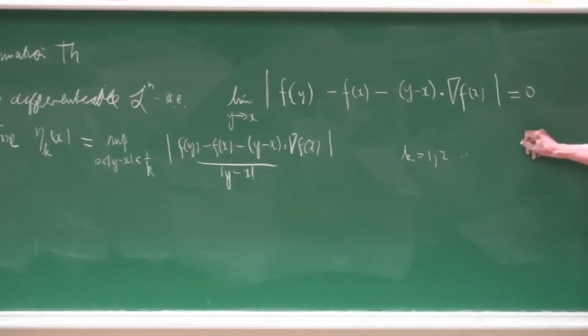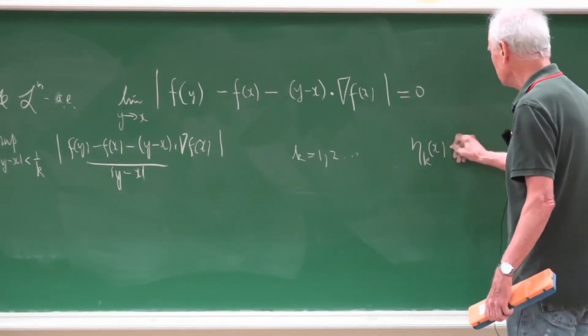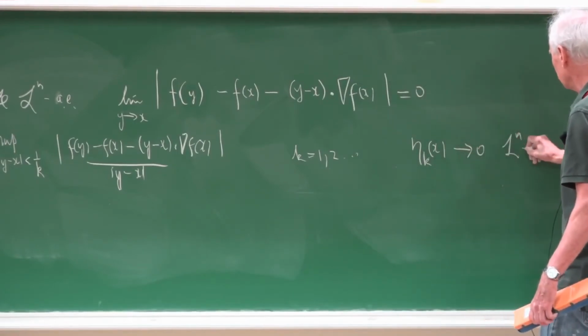This statement says eta k of x tends to 0 Ln almost every x.